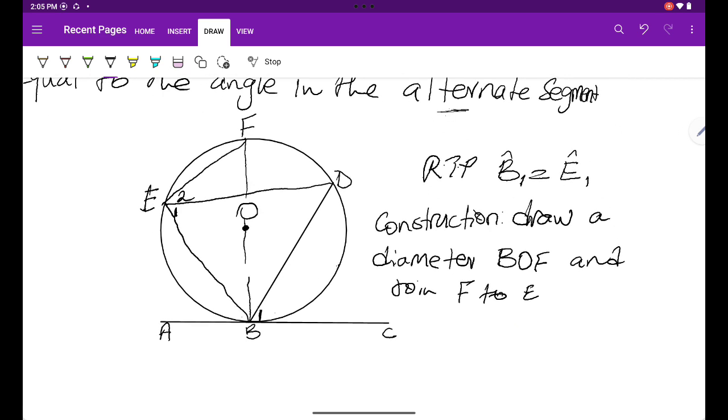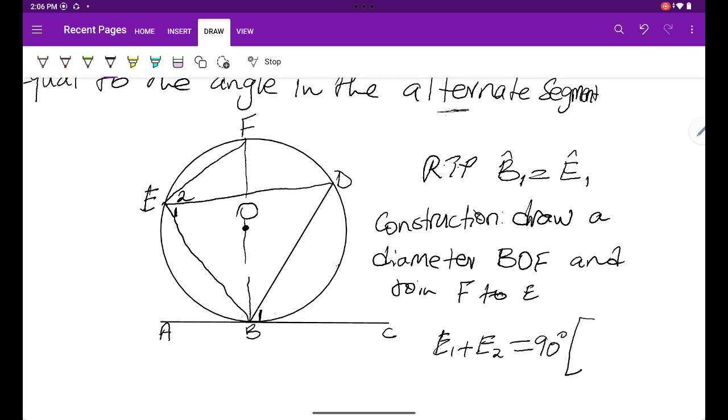Remember, we want to prove that B1 equals E1. So we start with the theorem about diameter. We said that the angle subtended by a diameter is a right angle. In other words, we will say E1 plus E2 is 90 degrees.